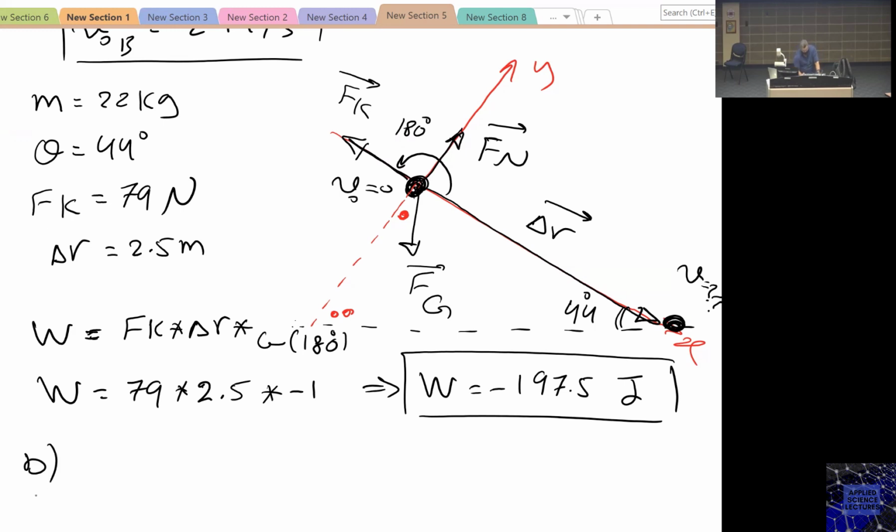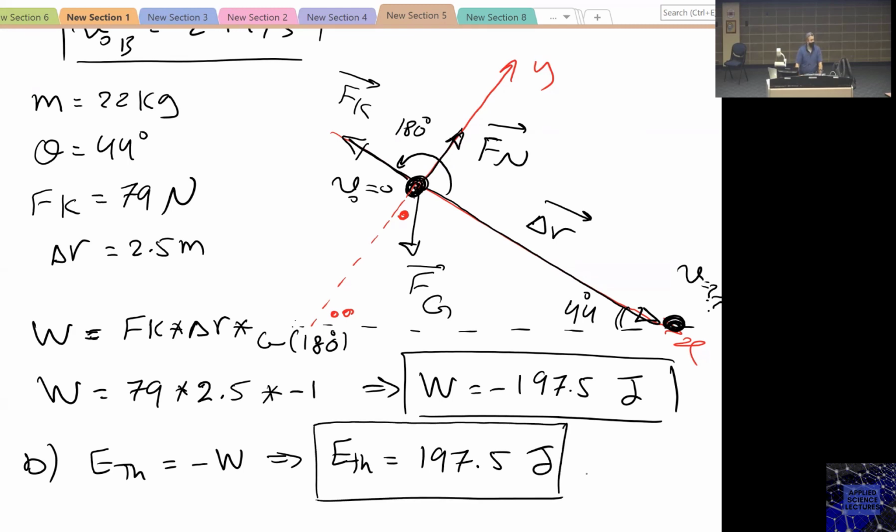However, part B is asking us to calculate the thermal energy produced by this friction. The thermal energy is always the negative of the work done by the friction. So here will be minus W, and thermal is 197.5 joules.